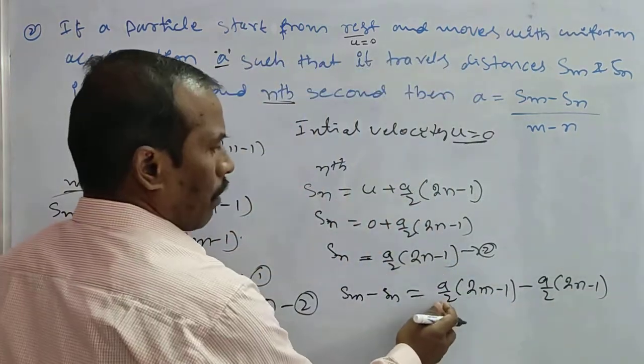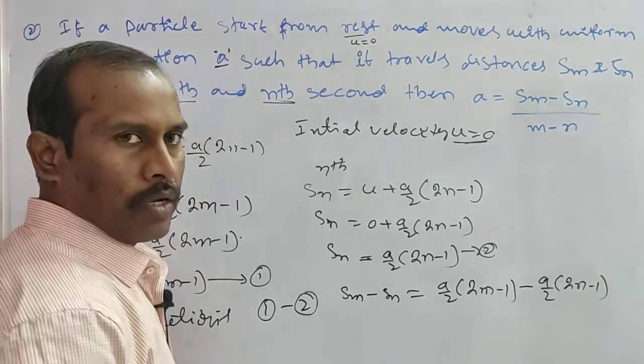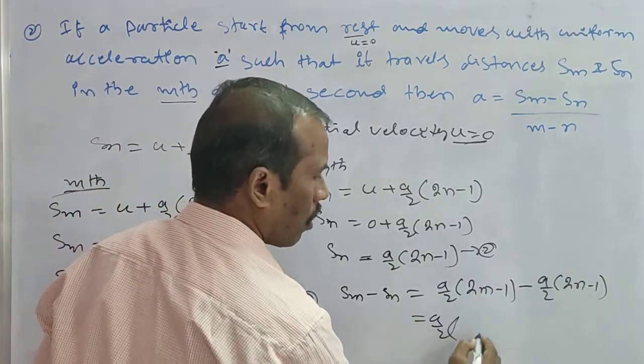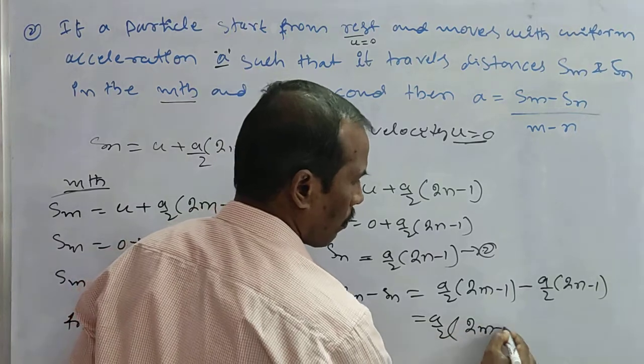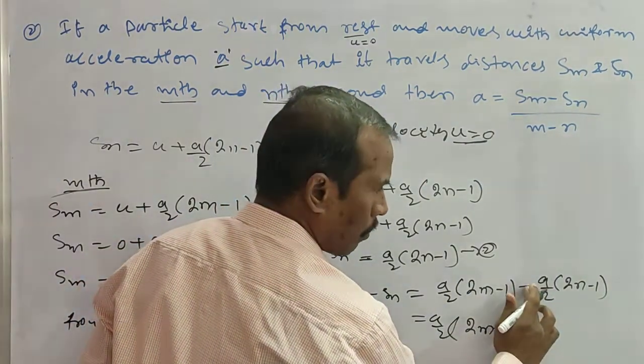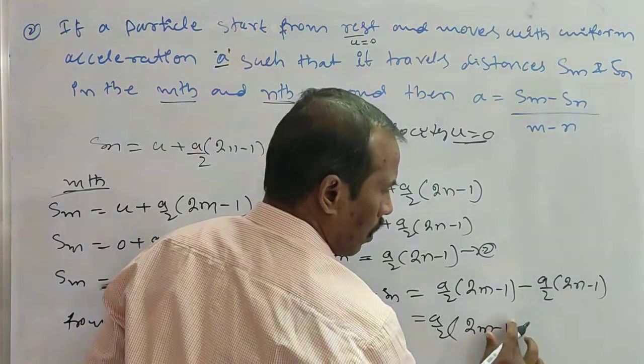Here a by 2 is a common term. So simplifying, a by 2 common, then (2m minus 1) minus (2n minus 1).